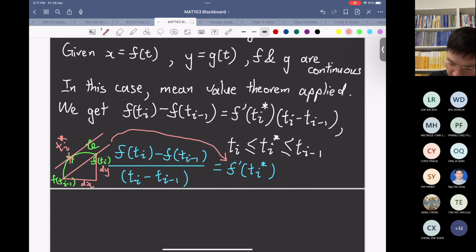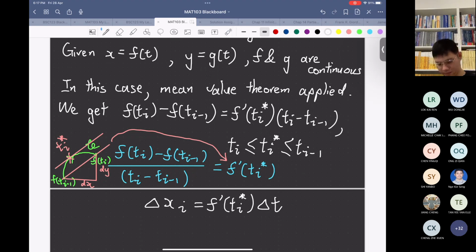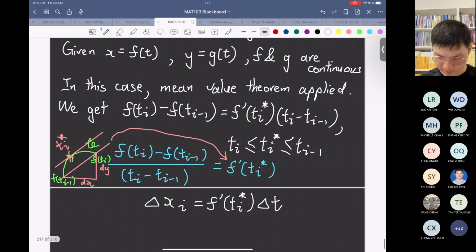Next we get delta xi equals f prime ti star times the change of t. We make the differences into deltas, the change of xi and the change of t.